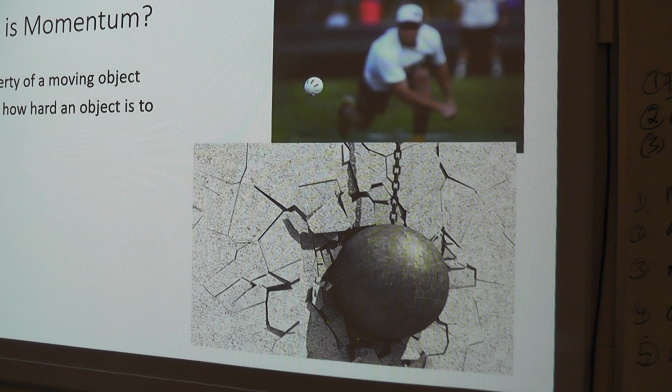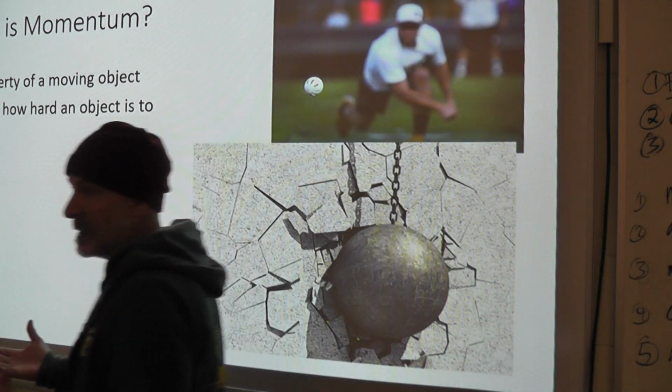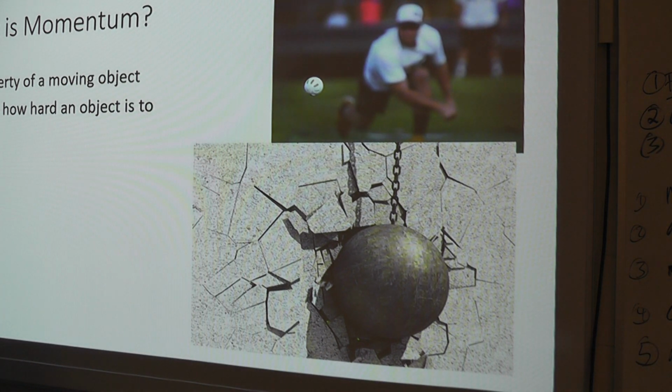So we've got two ways to think about how hard an object is to stop in terms of the object. One is, how heavy or massive is it? The other is, how fast is it moving? And we also have two ways we can think about stopping something. One is, we can push with a large force over a relatively short amount of time.